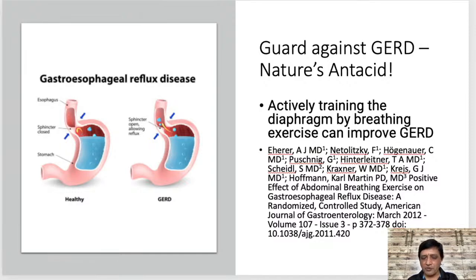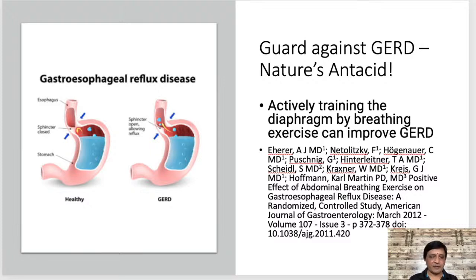So the research paper also you can see there, which says that actively training the diaphragm by breathing exercise can improve conditions of GERD. So this is a very, very important thing, especially if you can inhale slowly, exhale a little longer, and if you can breathe at least 6 cycles per minute for about 10 to 15 minutes, that would really be great.